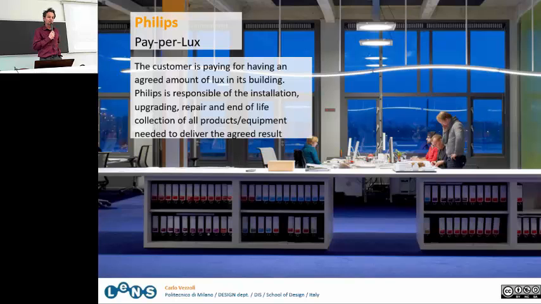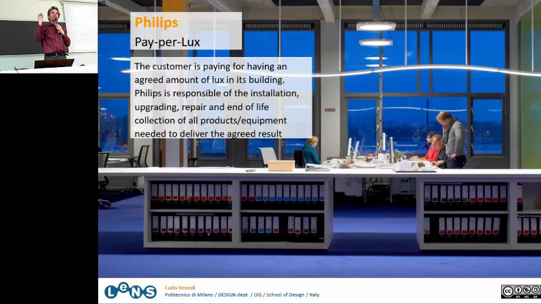Let's see another example. This is Philips. They are offering pay-per-lux for life. This is usually for offices. So let's say the Politecnico di Milano is not paying for the lighting system or the energy, depending on the type of service they are offering.